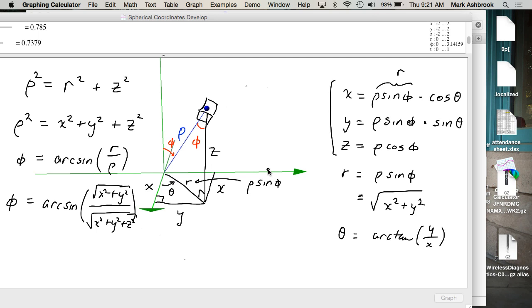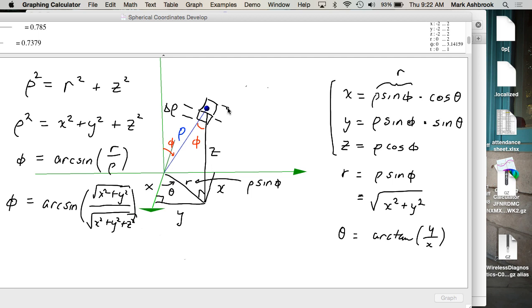So change in distance from the origin, change in angle phi. So this here is what? A little change in rho. This would be what?